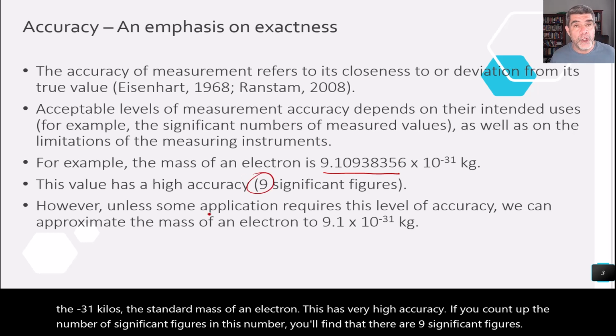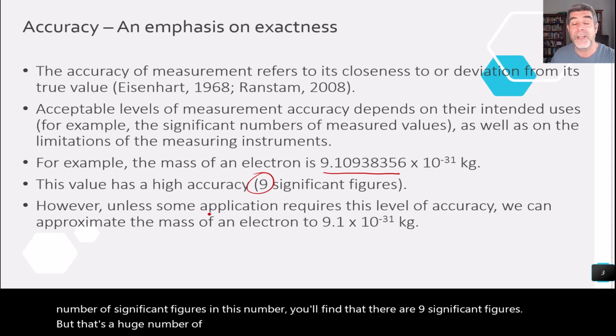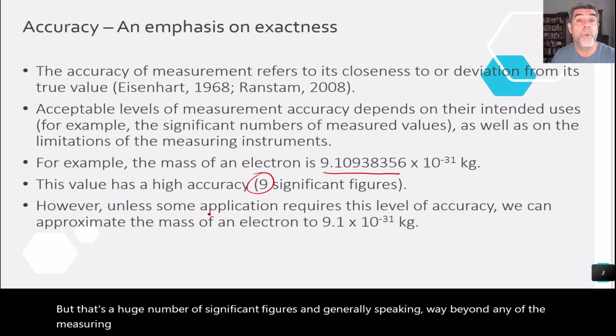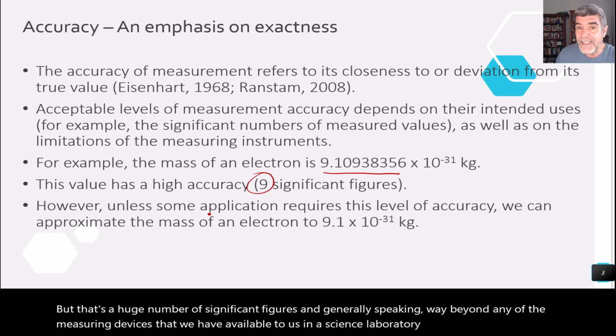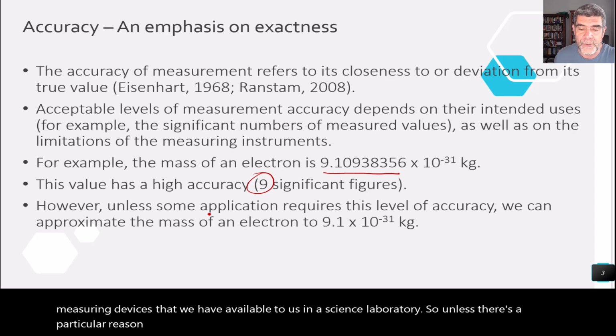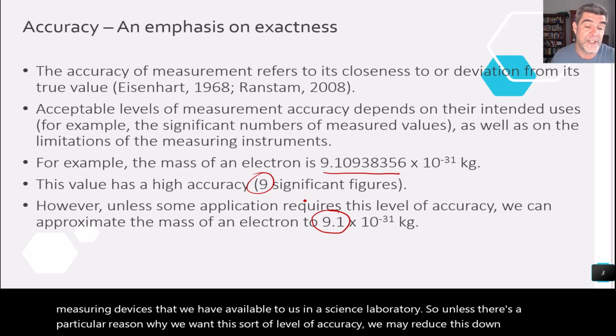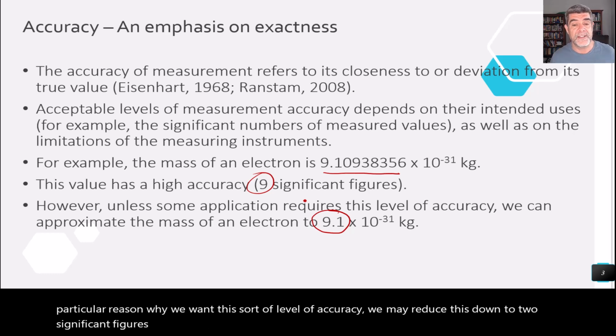But that's a huge number of significant figures, and generally speaking, way beyond any of the measuring devices that we have available to us in a science laboratory. So unless there's a particular reason why we want this sort of level of accuracy, we may reduce this down to 2 significant figures and just write this number as 9.1 times 10 to the minus 31.